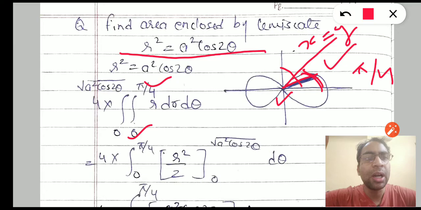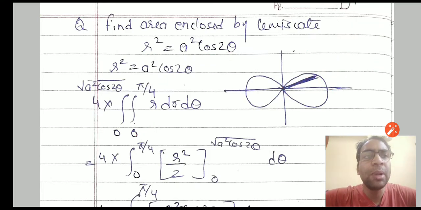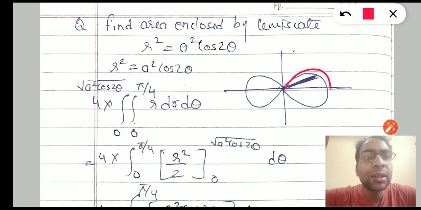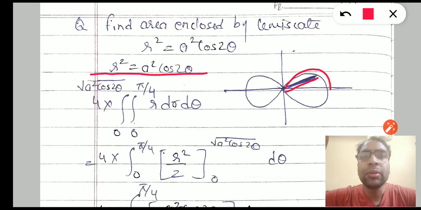The upper limit of r lies on the surface of the lemniscate, so it can be obtained from its equation: r is equal to under root a square cos 2 theta.